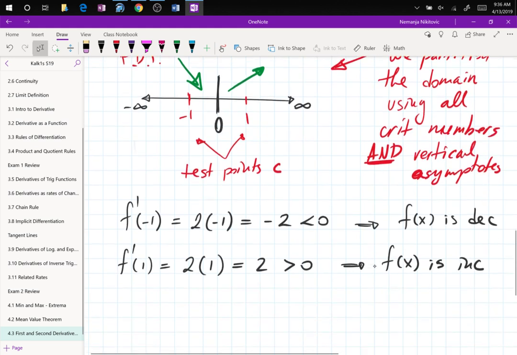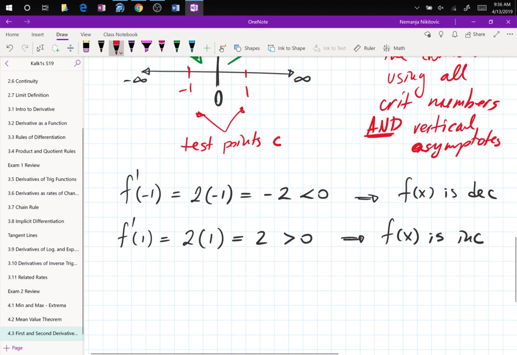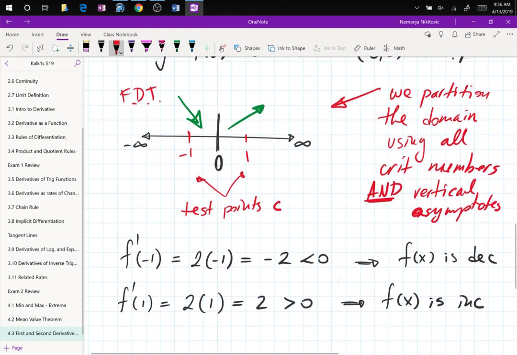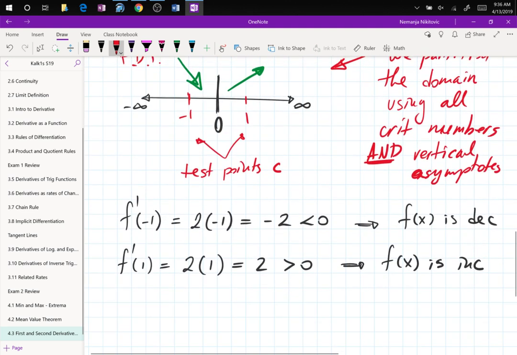Now let's write the answer to the question. The question says, find the intervals of increase and decrease. You have a pretty graph, but you want to actually provide the answer that you box and not lose points. So, answer: f of x is decreasing on negative infinity to 0.